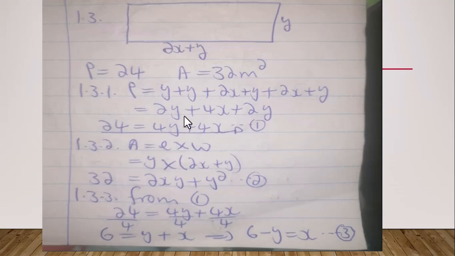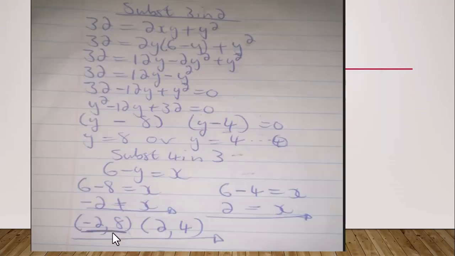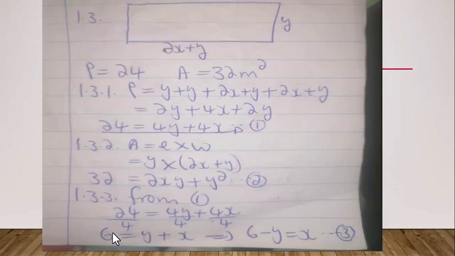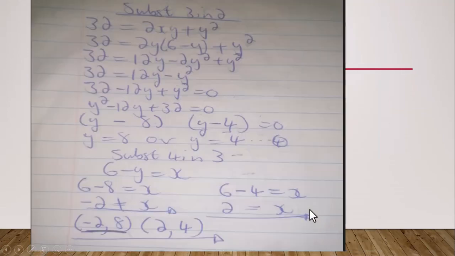And then from there I made x the subject of the formula, and I have 6 minus y is equal to x, because when this goes to the other side it becomes negative. And then from there I'm going to substitute 3 in 2, because the equation where you have made y or x the subject of the formula, you will name that as your equation 3. Then I'm going to substitute 3 in 2.